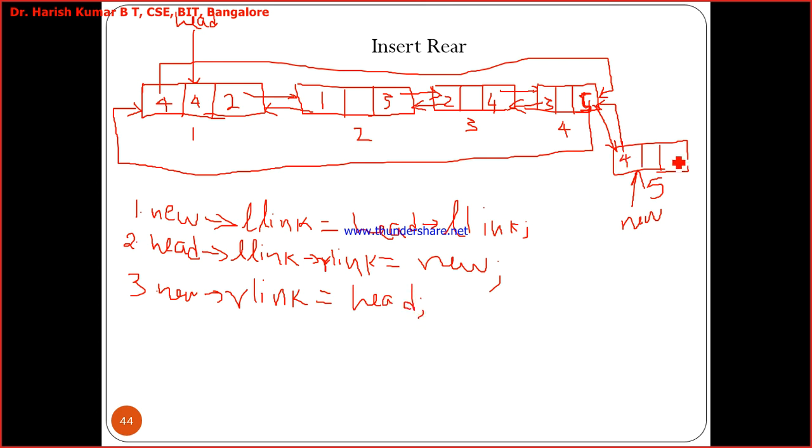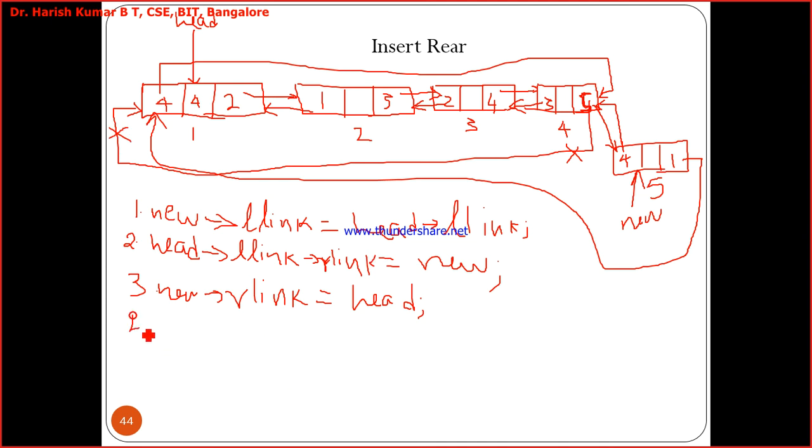Now I am storing 1 here. That means this link is broken now. From this node I can go to this, and this is not valid now. Okay, next 4th one, last one.